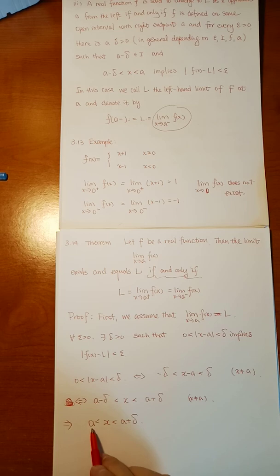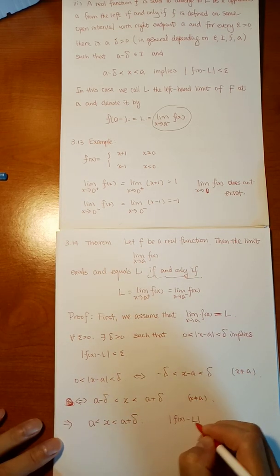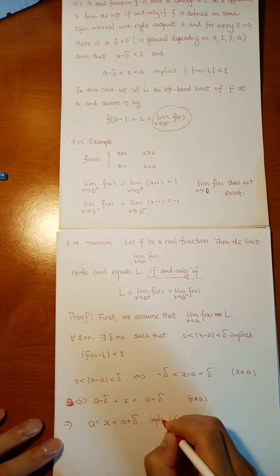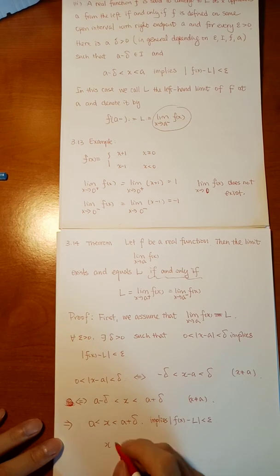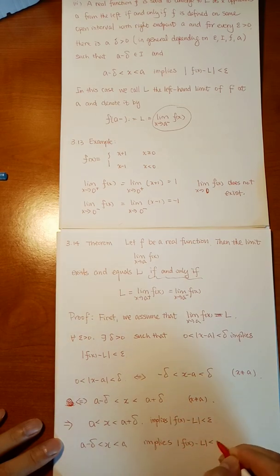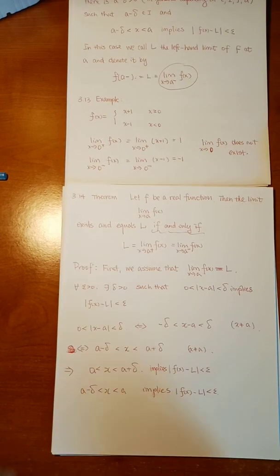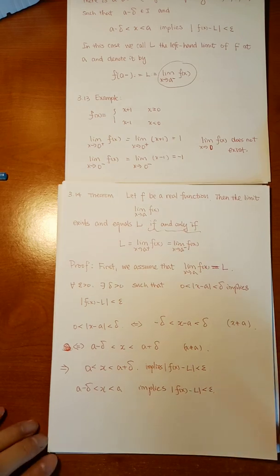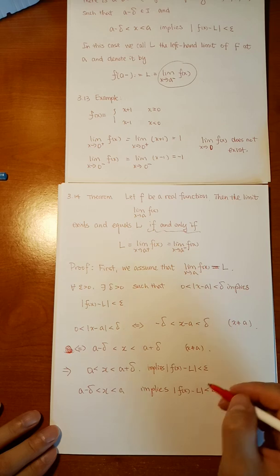well, when x is between a and a plus delta, absolute value of f(x) minus L is less than epsilon. And when x is between a minus delta and a, this absolute value is also less than epsilon. Correct? So the first one implies the right-hand limit exists.